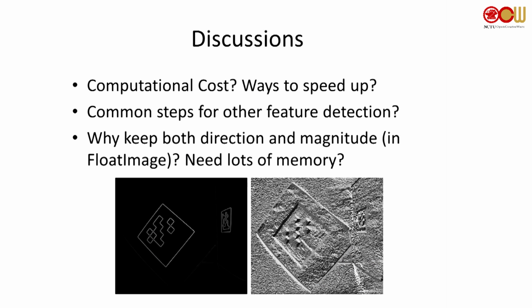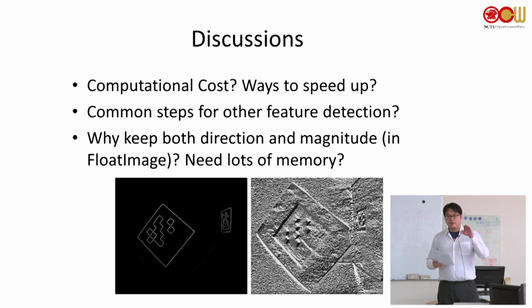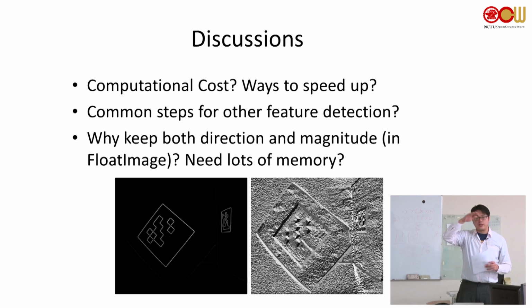For the second part, you may know that computing the gradient is usually the most computationally expensive part. Typically you use a Sobel filter, maybe horizontal, and slide the kernel around the image. You could see, for example, from black to white or white to black, you will see a gradient.